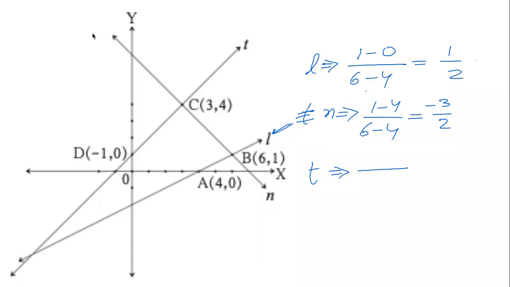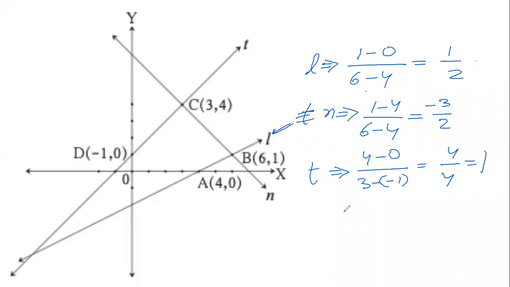Yes, Akhilesh. 4 minus 0, 3 minus minus 1. Correct. In the numerator, we have y2 minus y1, Chanda, not x2 minus x1. Be careful. So 4 minus 0 is 4, and 3 minus minus 1 is 3 plus 1, 4. And we can say it is 1.